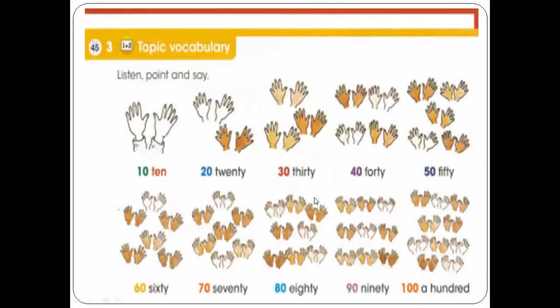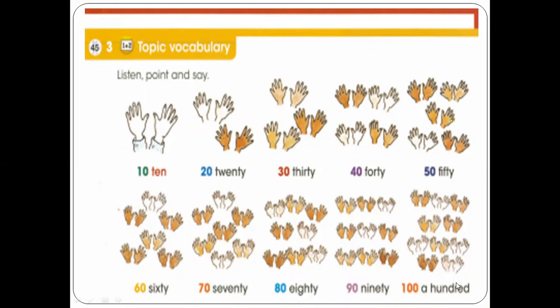So first of all, in this lesson, what we have studied is how to write numbers in words, like 10, we can write it T-E-N, 10, 20, T-W-E-N-T-Y, 20, 30, T-H-I-R-T-Y, 30, and till 100.